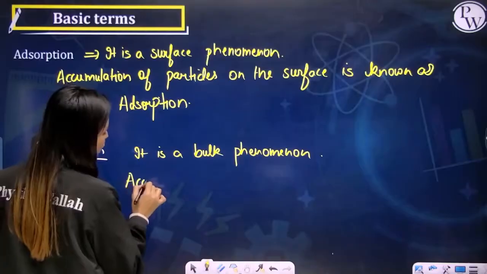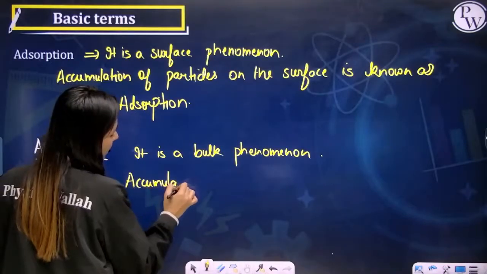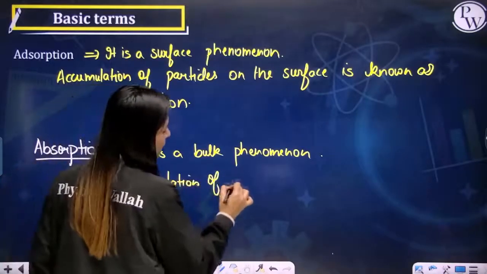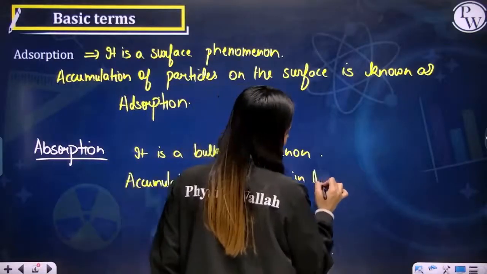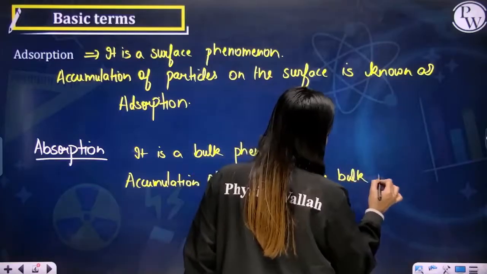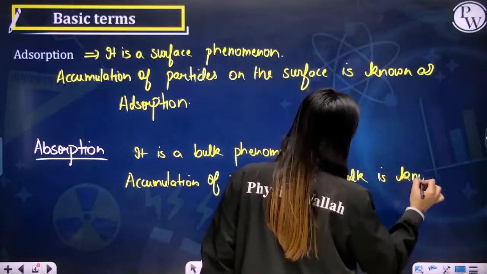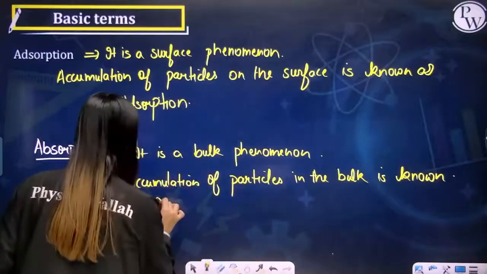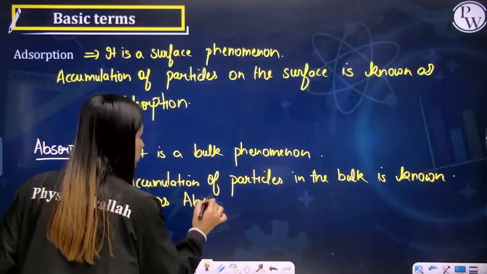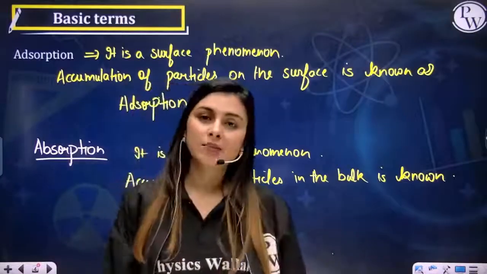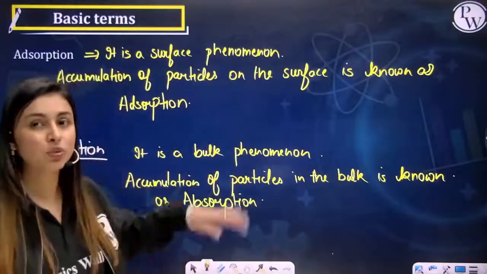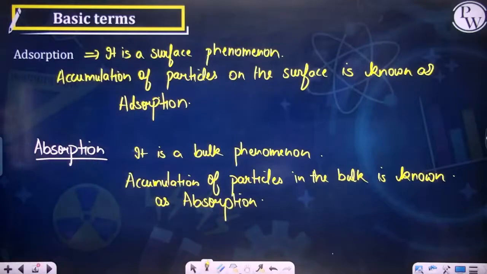Yes, accumulation. So we will be studying adsorption, not absorption, but you need to know the difference between the two. You can pause the video, write it down, then we'll move forward.